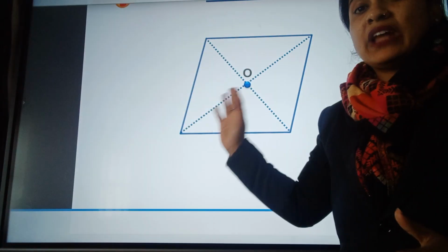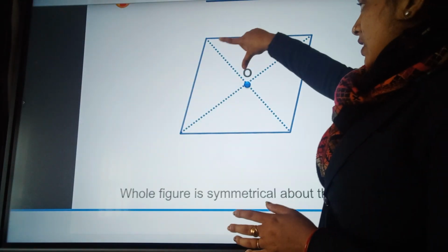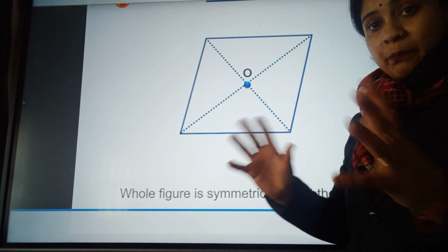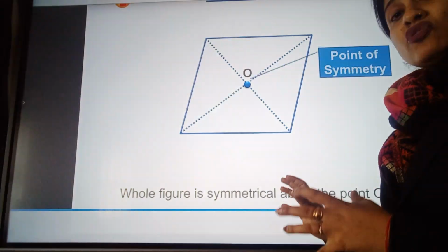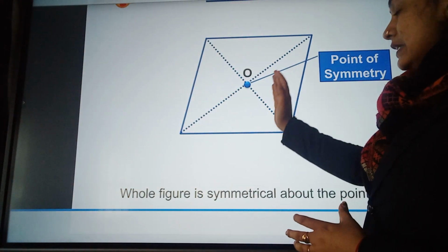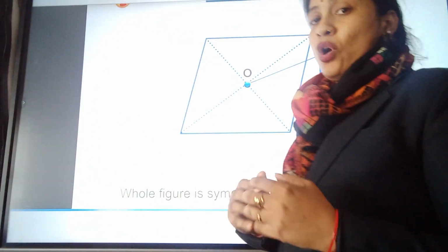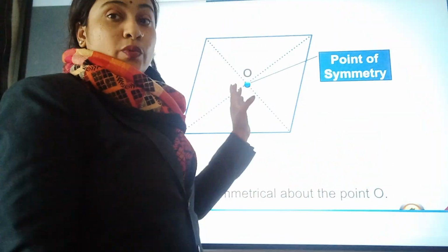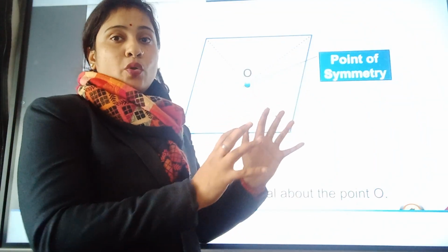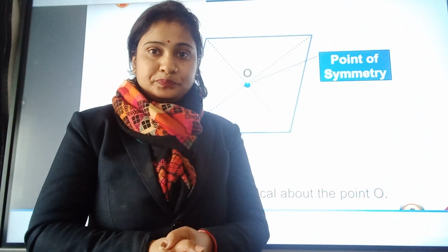Even in the case of the diagonals, we see that they are equal from point O. So we say that the whole figure is symmetrical about point O, and this is known as the point of symmetry. That means about this central point O, this parallelogram is symmetrical.